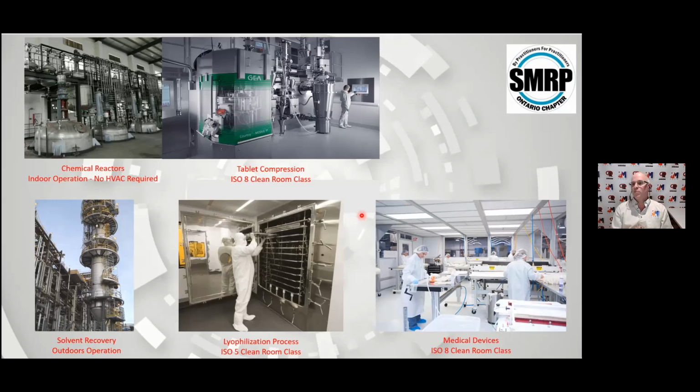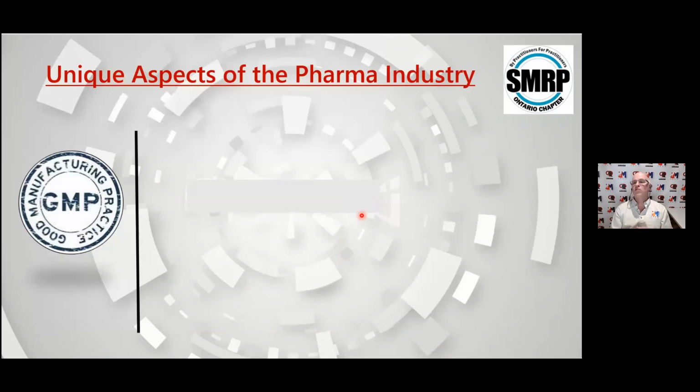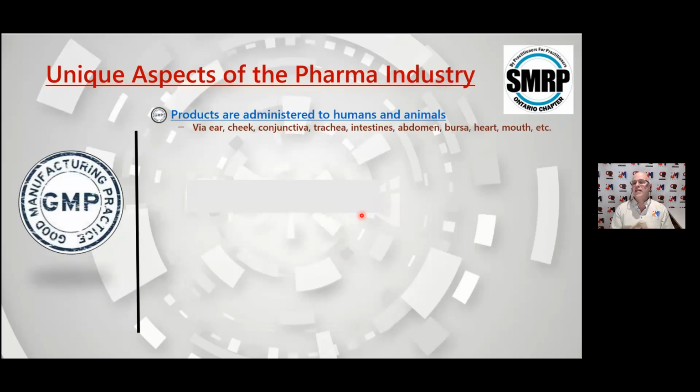Now that we have spoken about the different types of assets we have in the pharma industry, let's talk a little bit about the particularities of the pharma industry. Why is this industry so special? There are a couple of reasons. The first one is that the products manufactured in the pharma industry will somehow get into your body.